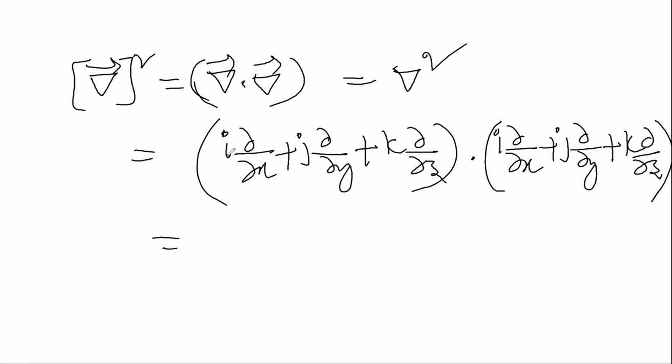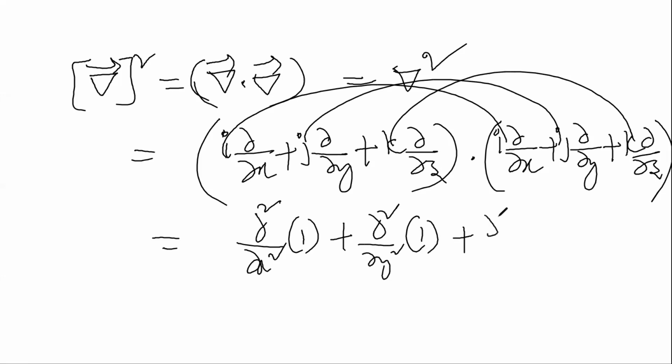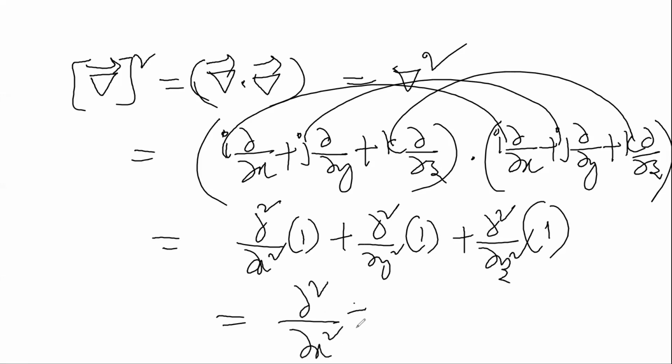Since i dot i is 1, j dot j is 1, k dot k is 1, and the rest get 0 because i and j, j and k, and k and i are perpendicular vectors, we get dou square by dou x square into i dot i (1) plus dou square by dou y square into j dot j (1) plus dou square by dou z square into k dot k (1). That means del square is dou square by dou x square plus dou square by dou y square plus dou square by dou z square.